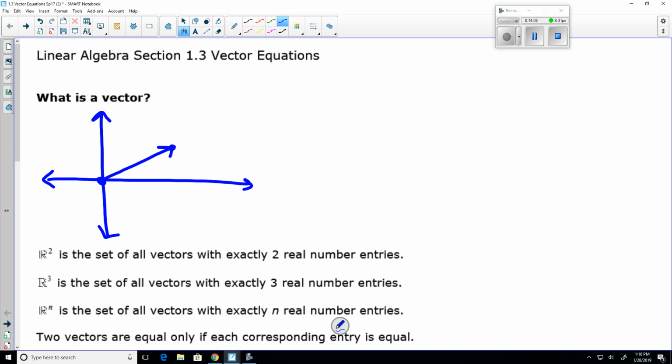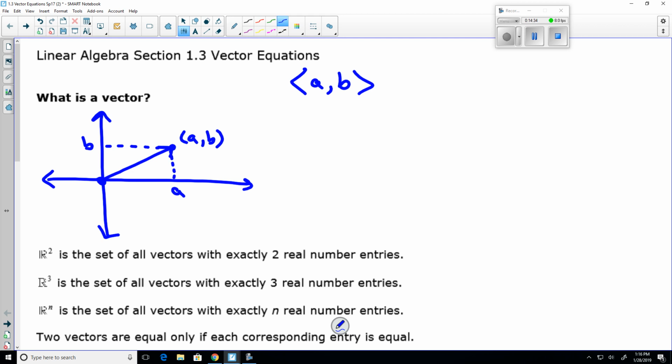So if the end point right here is at the point A, B, where this is how far in the x direction, this is how far in the y direction, A and B, then you'll see the vector written this way, AB. So you've probably seen that before, okay?